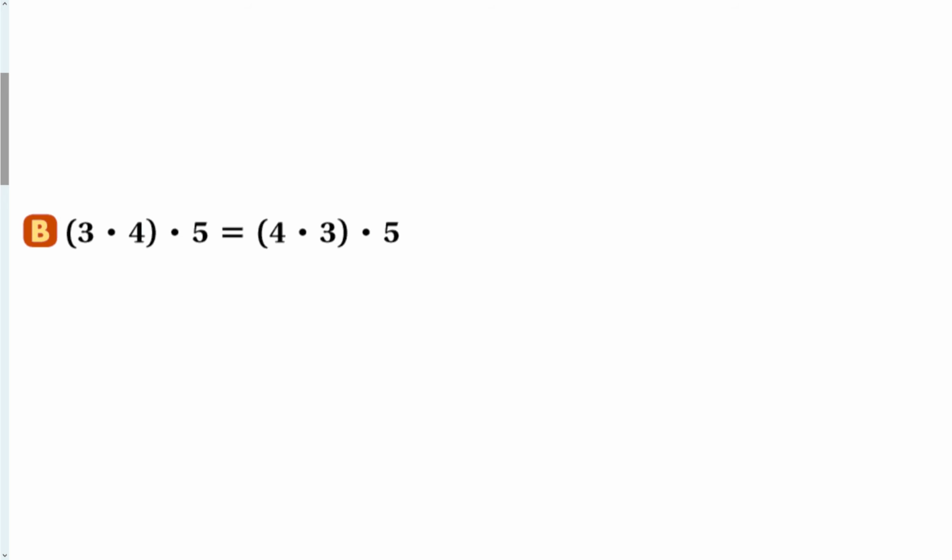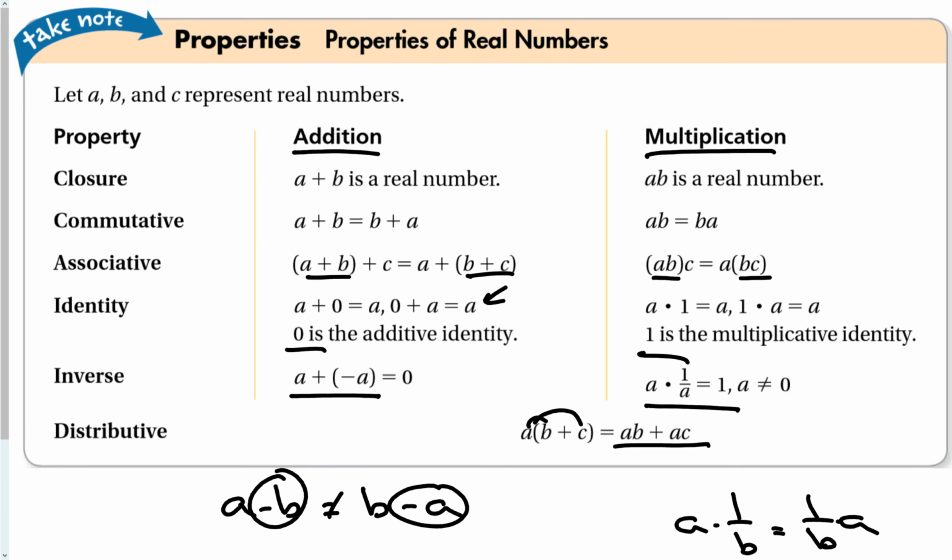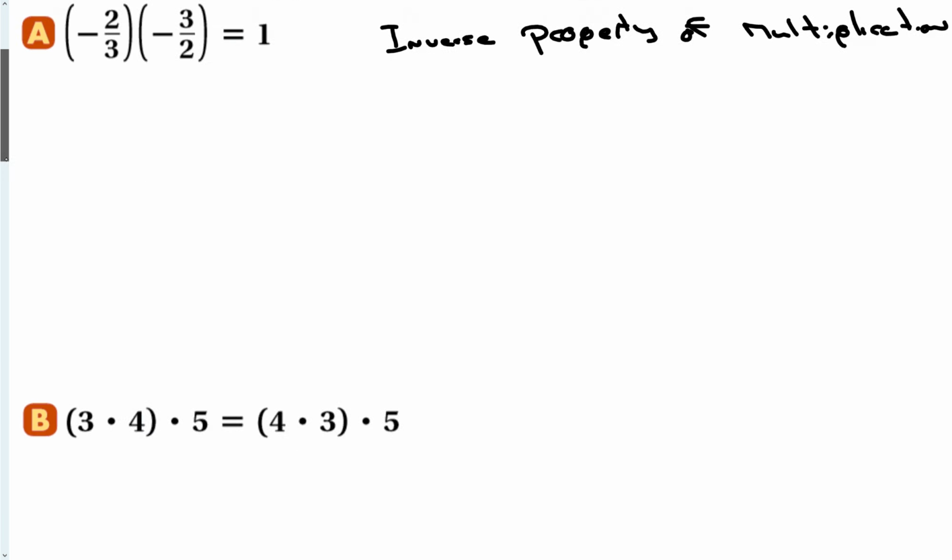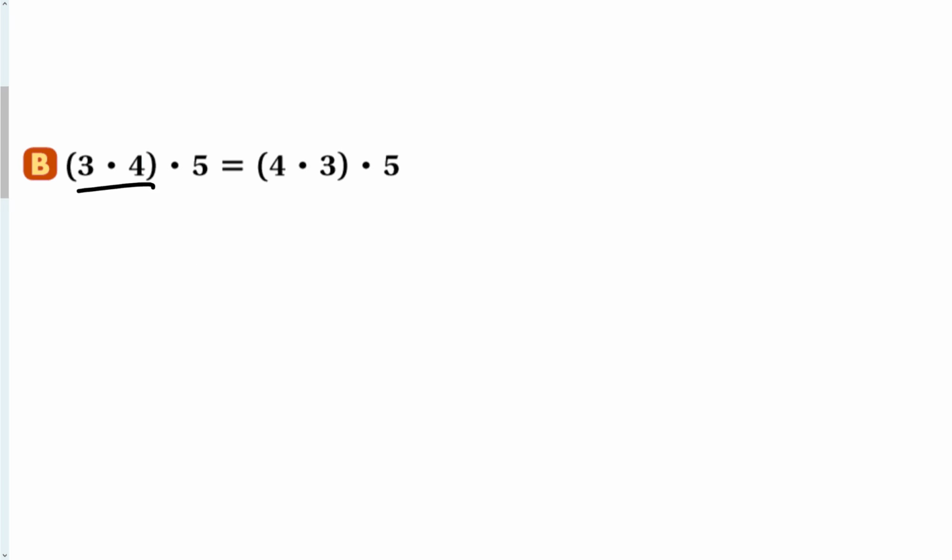It is not the associative property because if you look at the associative property, the thing inside the parentheses has to be different. That's not what's going on here. The thing inside the parentheses is the same as 3 times 4. It's just a different order. So this is the commutative property.